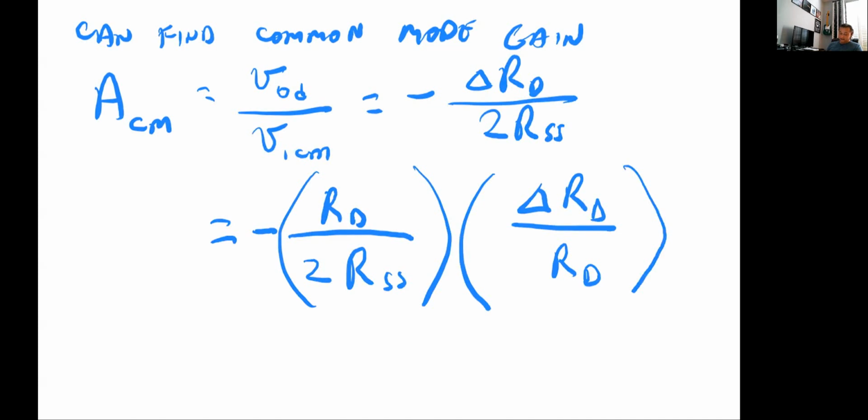And the reason to introduce RD again is to look at how that gain depends on the percentage of deviation of RD, which is delta RD over RD.